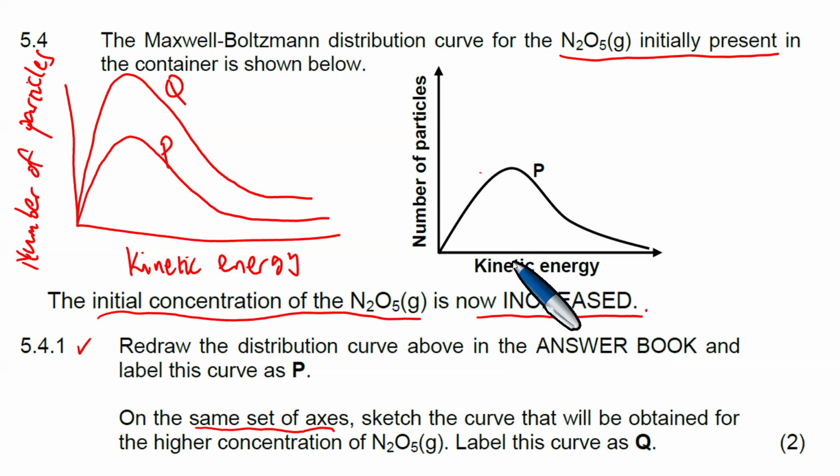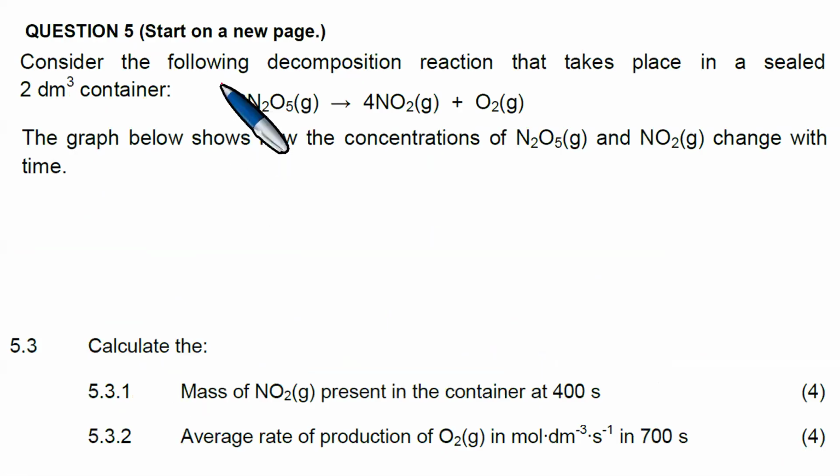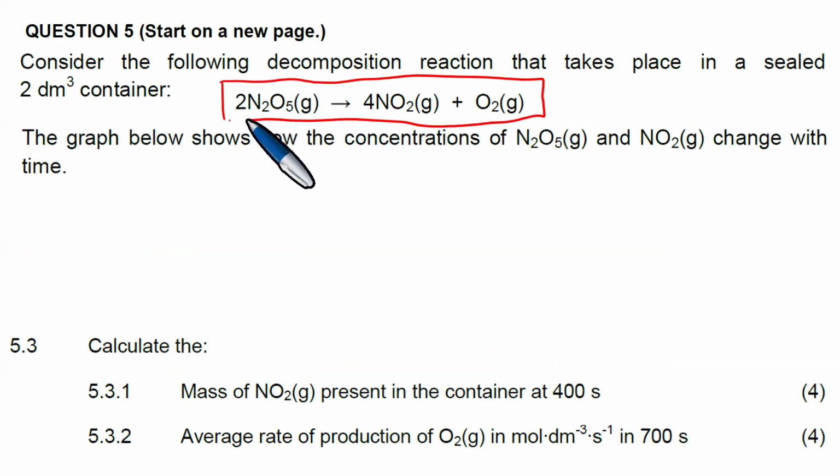Okay, the equation. Remember, this is the equation. The equation is that 2 times N2O5 gives 4 times NO2 plus oxygen.